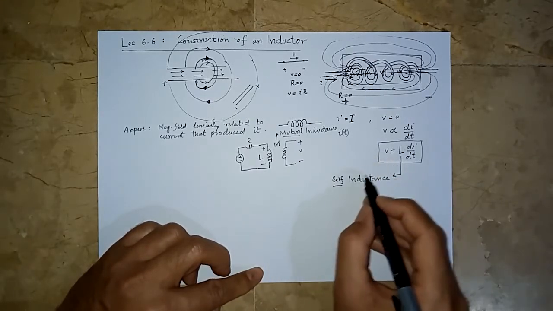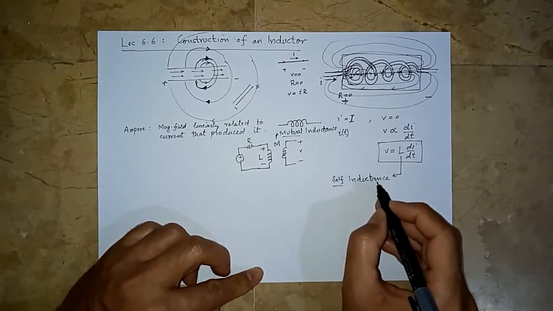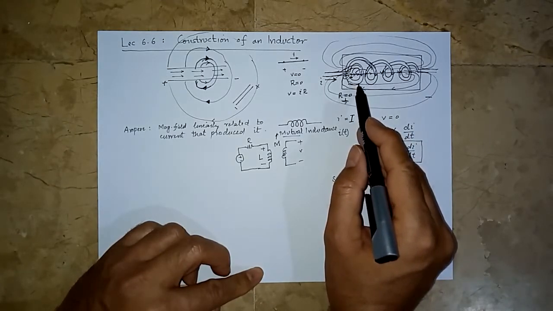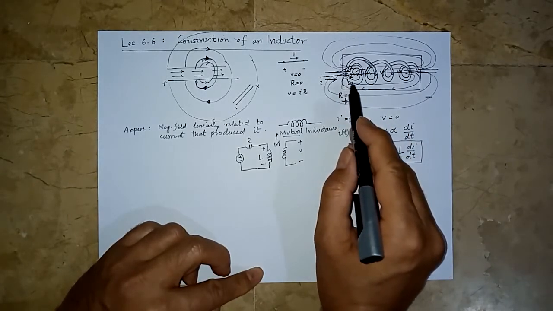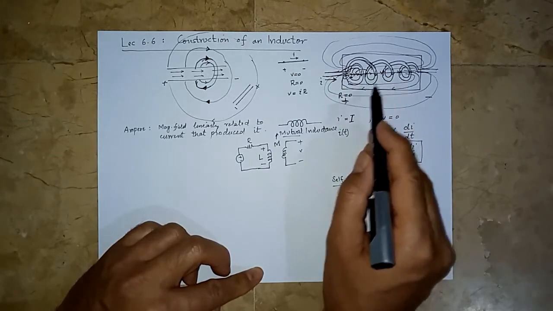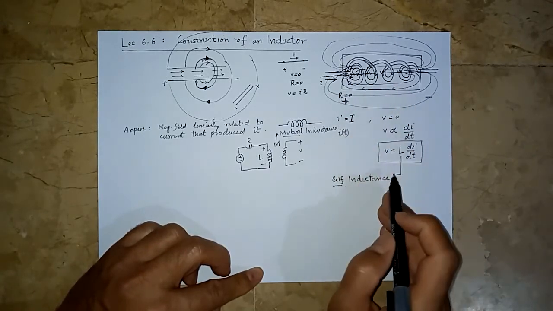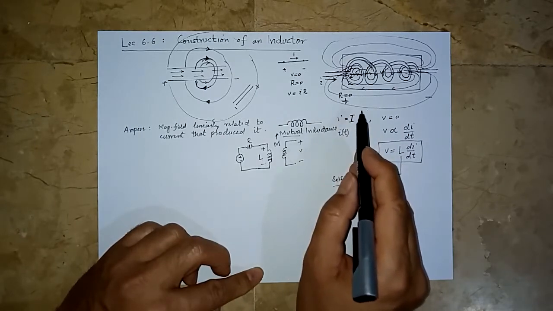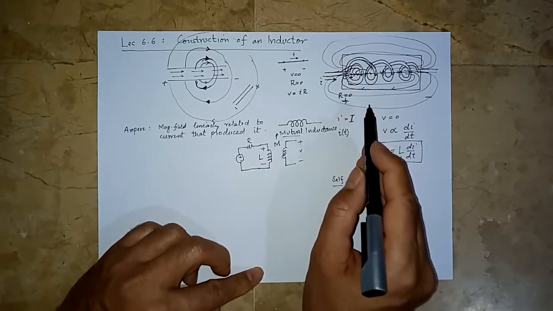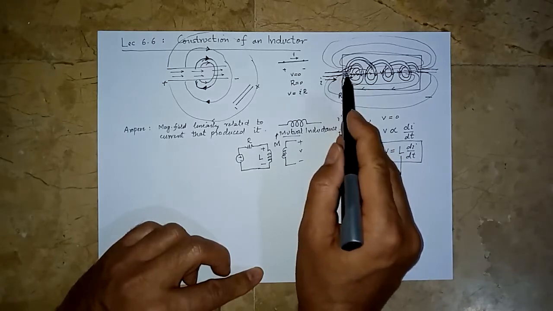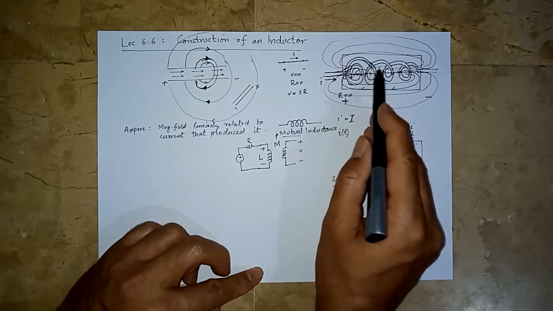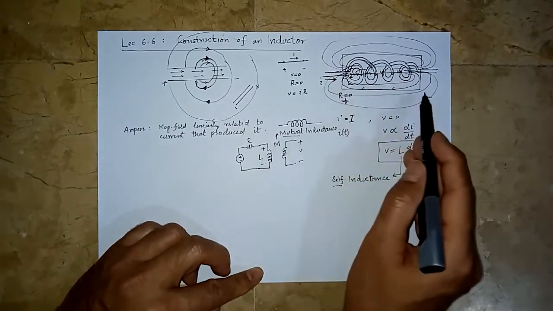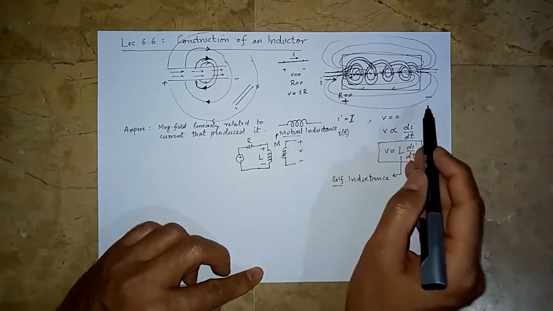Right now we are studying self inductance, where the inductor that is creating the magnetic field is the one that is experiencing a voltage across it. Remember this very important thing. Why I am emphasizing and re-emphasizing this again and again is because this is still a conductor. It has zero resistance. There should be no voltage across it. So where does this voltage come from?